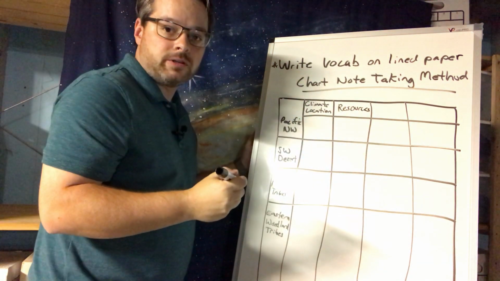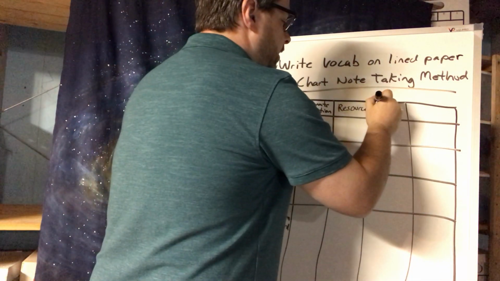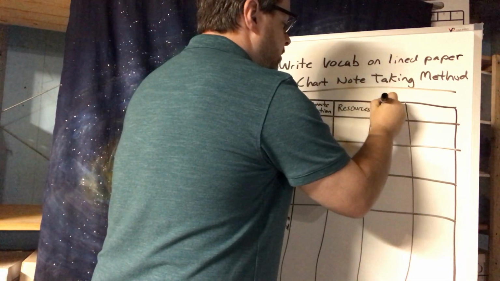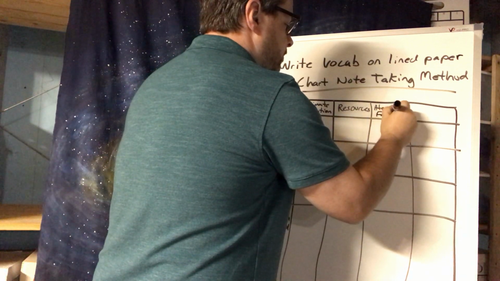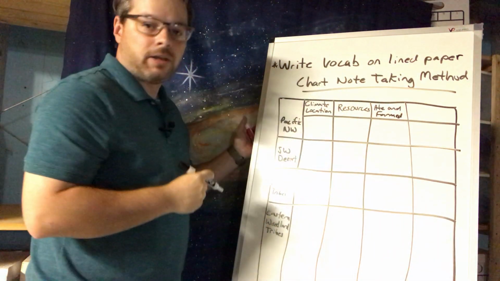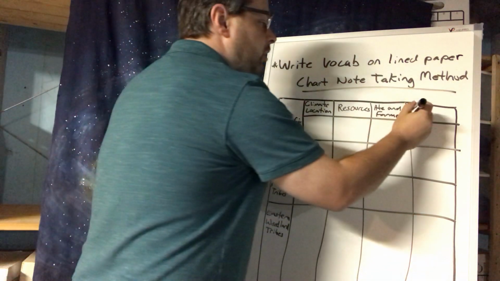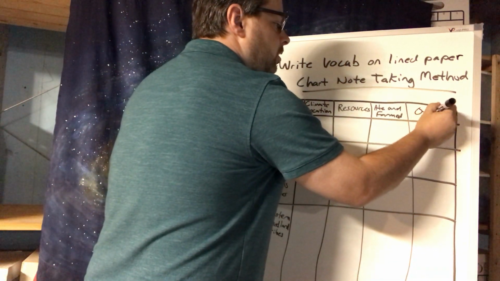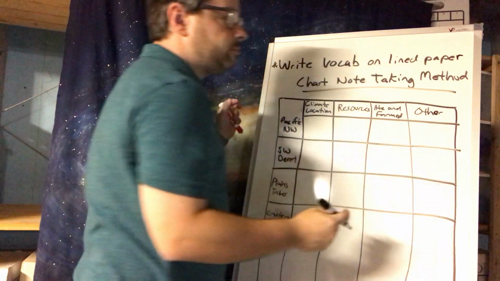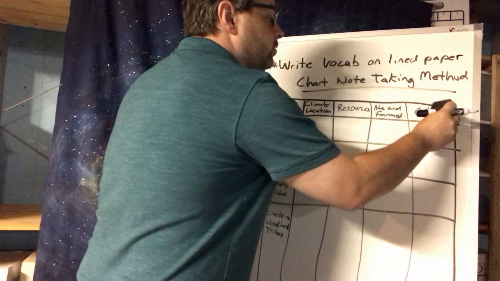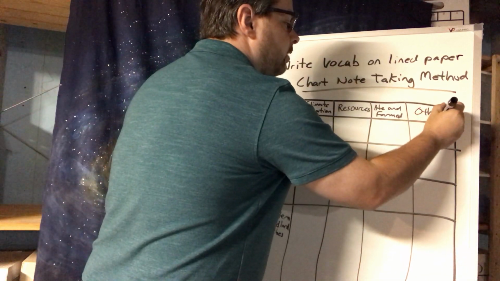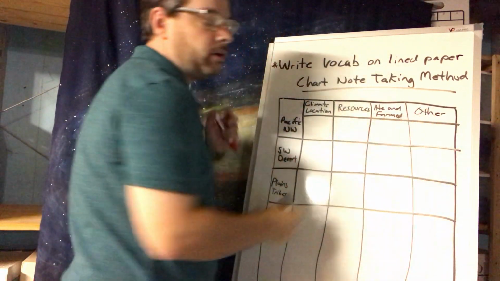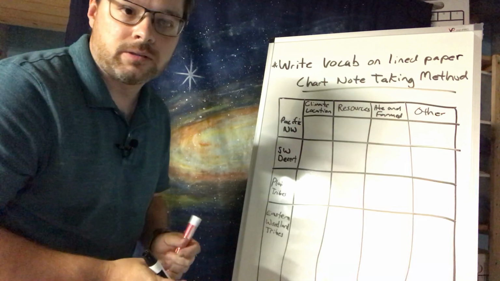The next one is going to be what they ate and farmed. And the last one is going to be, I'm just going to put other. So I want you to look at the slide and pick out what you want to put in there. And I will choose the one that I'm going to put in here as a demonstration, okay?